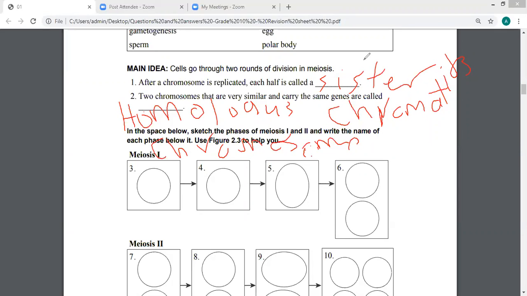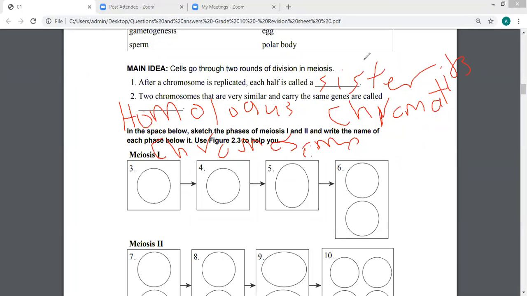Firstly, you must know that the sketch shows the phases of the meiosis division. We know that meiosis is divided into two stages, meiosis 1 and meiosis 2. Each stage consists of 4 phases. Just in this sketch, you will write the sequence of each stage. Meiosis 1 starts with which phase?